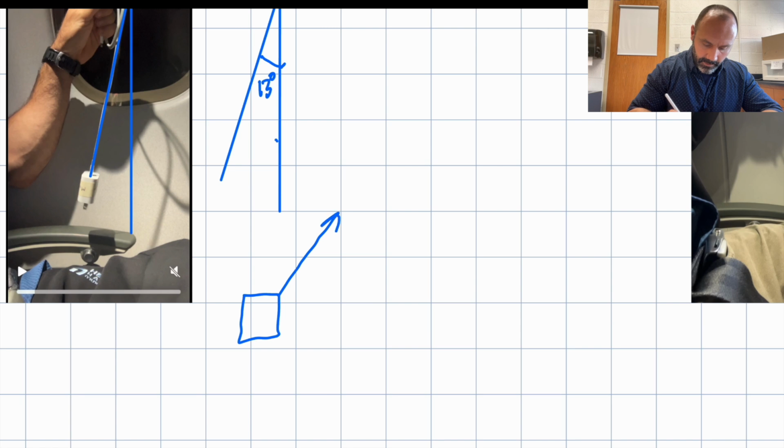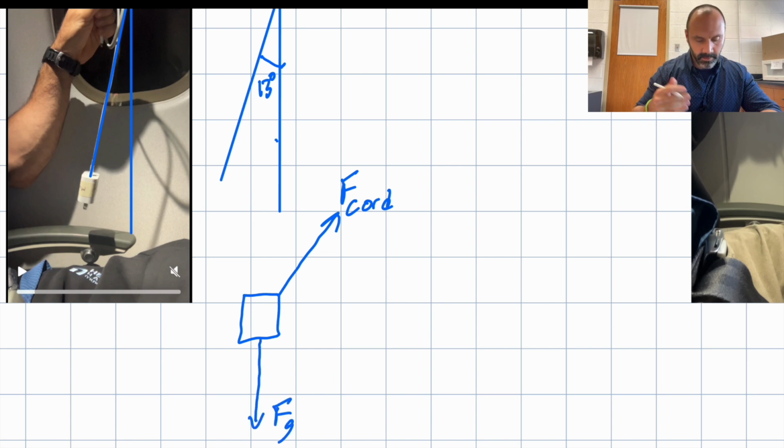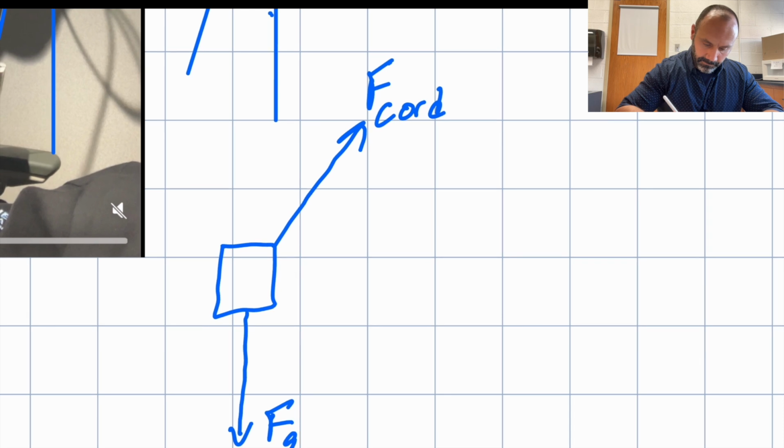I have the cord, so this is F of the cord. Then I have the gravitational force, so Fg, or force of the Earth. And I know that this angle is 13 degrees.